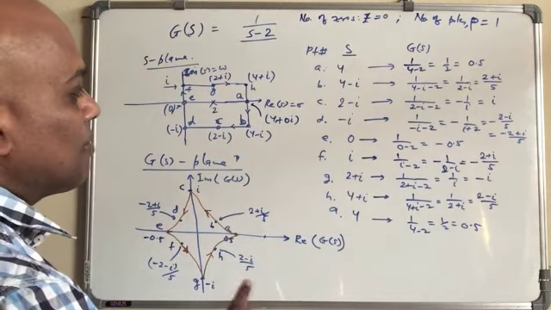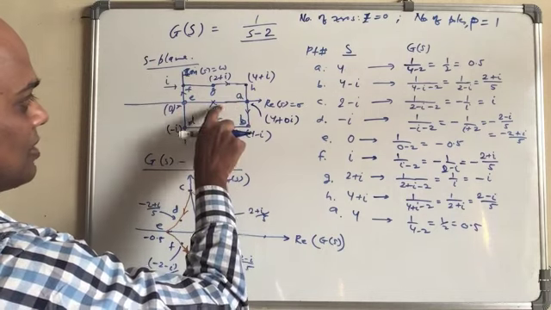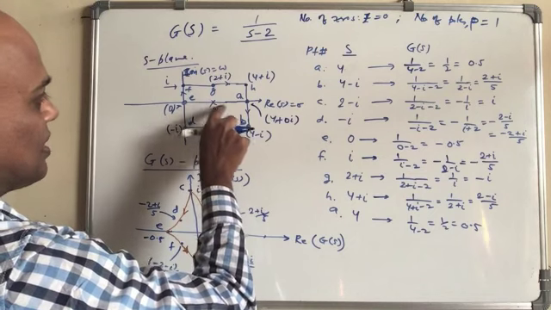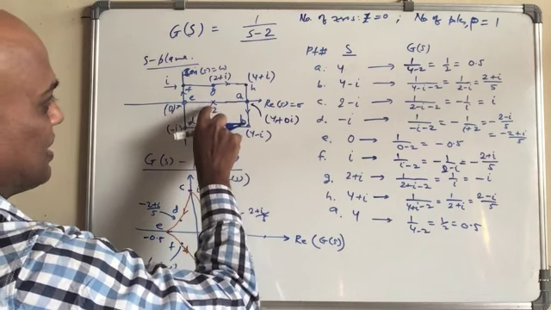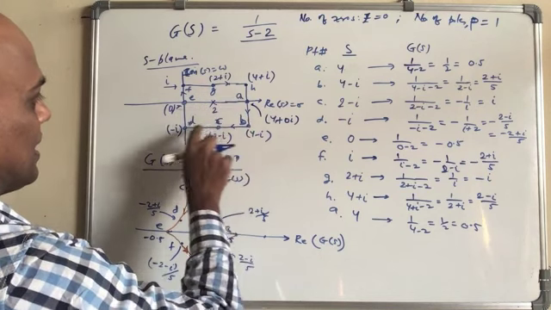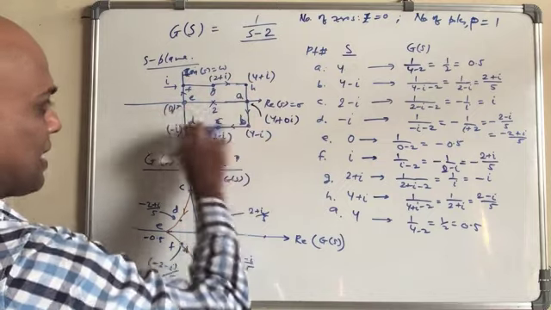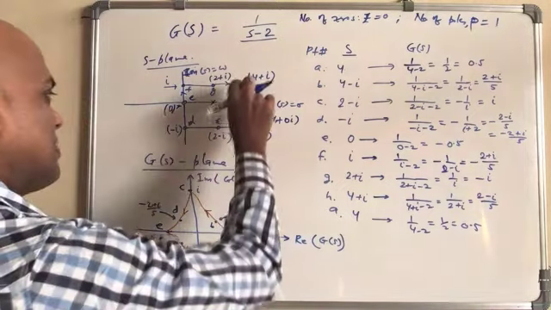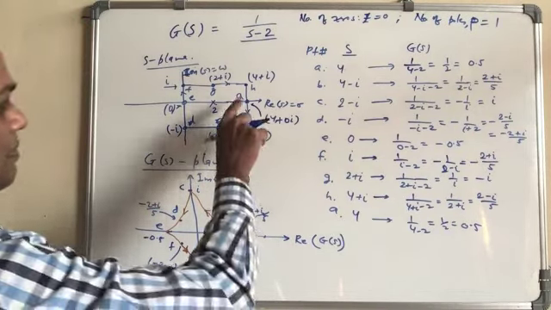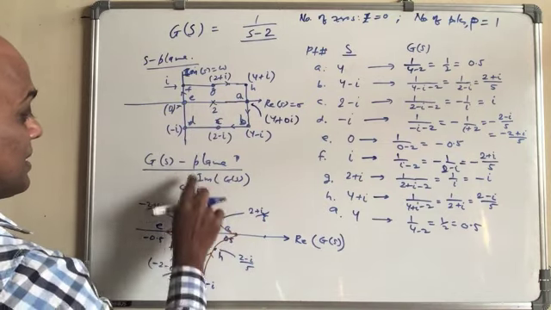Now, when we went through one round around the pole, we have a pole here, and we are making a complete closed loop around it. Here it is clockwise, here it is anti-clockwise.